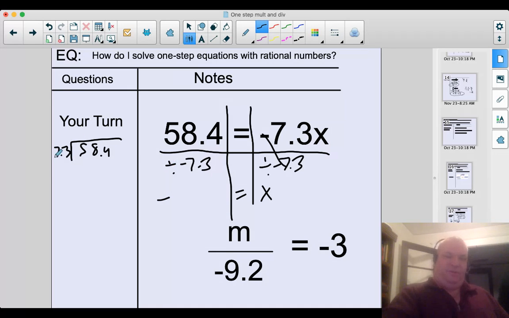So when I do my division, again, I have a decimal here, so I have to move the decimal over 1. So 73 does not go into 58. It does go into 584. So thinking about how many times, I might need to do some trial and error. I think about 7 into 58. I know 7 times 8 is 56, which is pretty close.